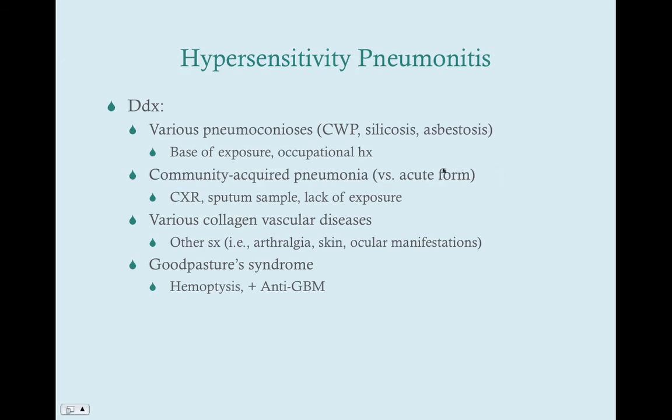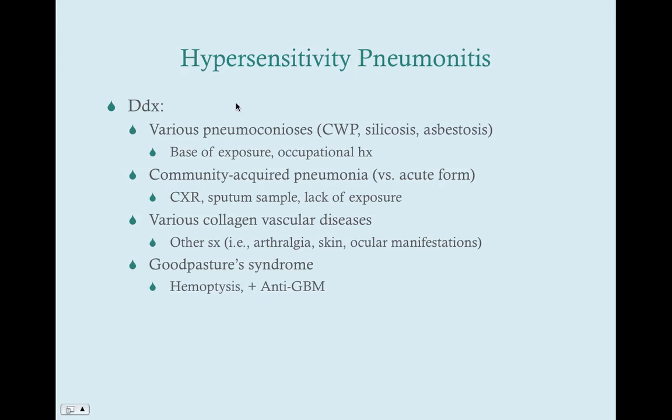Community-acquired pneumonia is another thing to think of, especially if you have an acute hypersensitivity pneumonitis. So the chest x-ray is going to be helpful there, even a sputum sample, and if the patient has a questionable exposure history. Various collagen vascular diseases, and then Goodpasture syndrome. And that's particularly if the patient has hemoptysis.